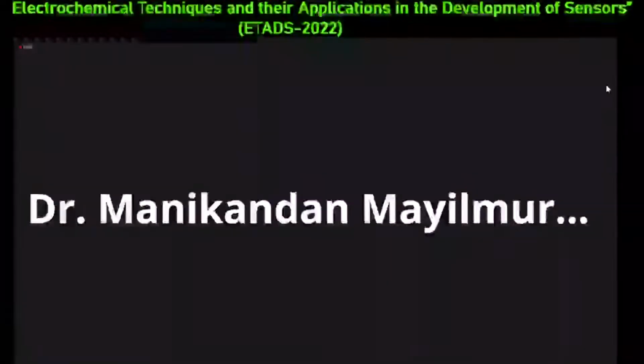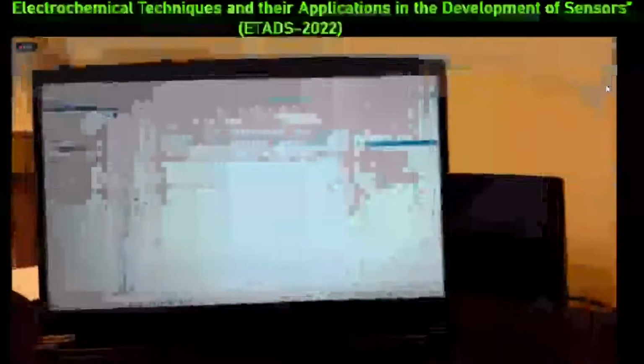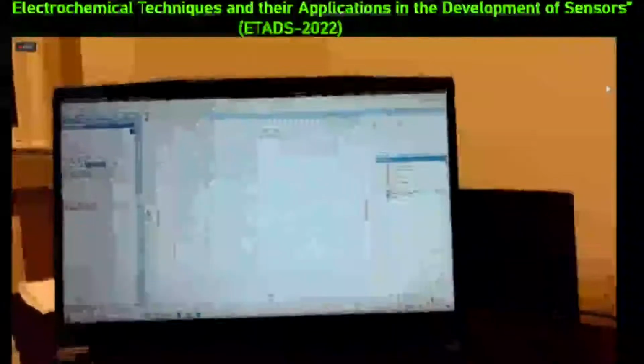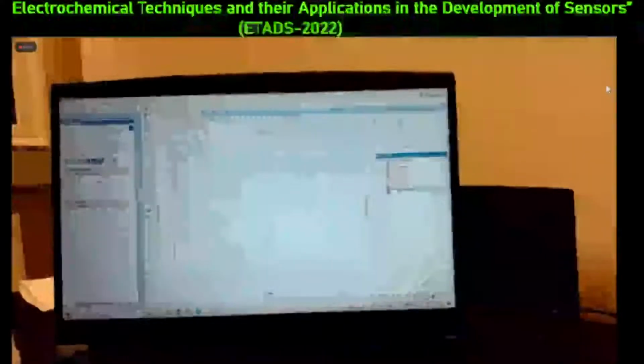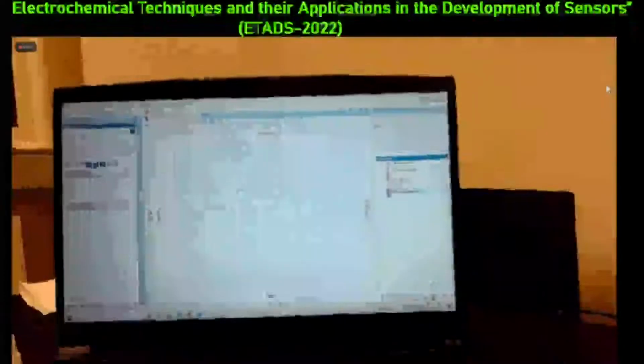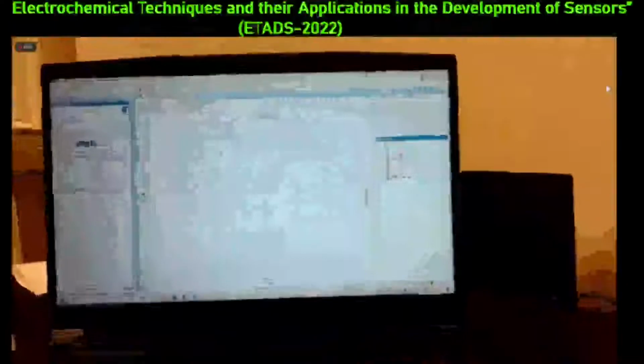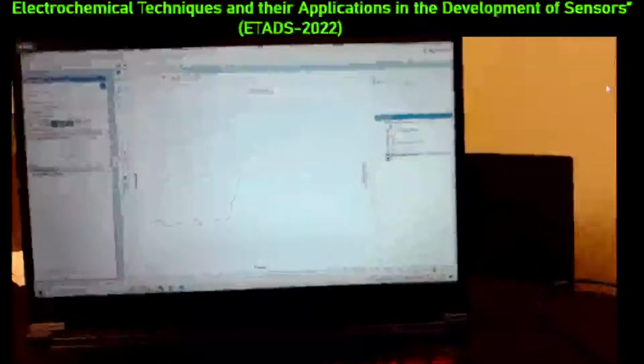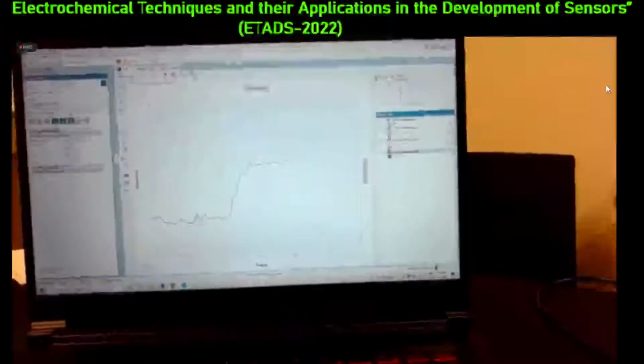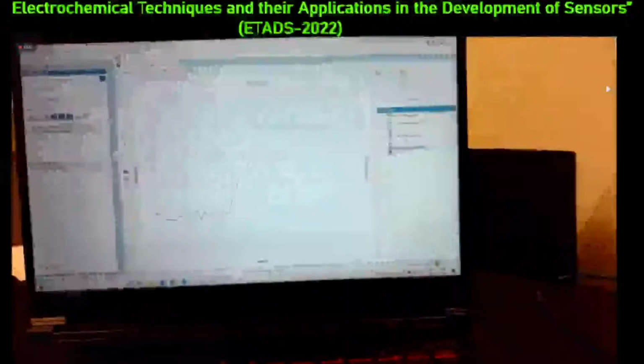What I'm going to do is, this is not very scientific, I'm just going to add this oxygen scavenger to the solution. As you can see, once my colleague Solon zooms in, you'll see a step: without oxygen and with oxygen.